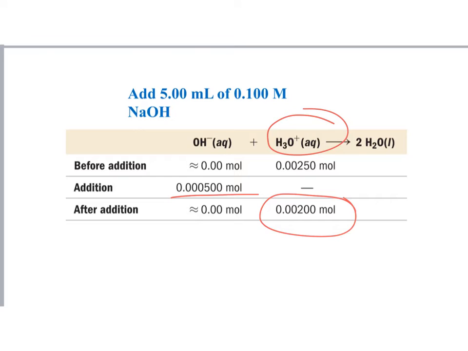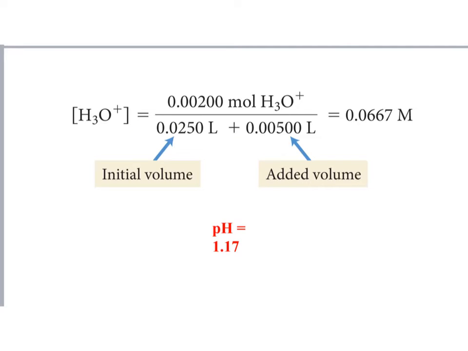How did we find all this? Well, it's 5 milliliters of 0.1 molar NaOH, and we're given the concentration of H3O plus, and we're given the volume of H3O plus at the beginning. So we just calculated, right, that we had 0.00200 moles of H3O plus left.